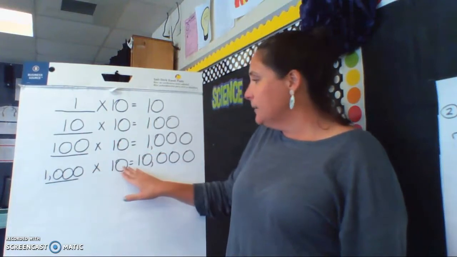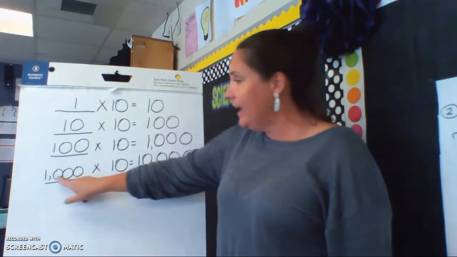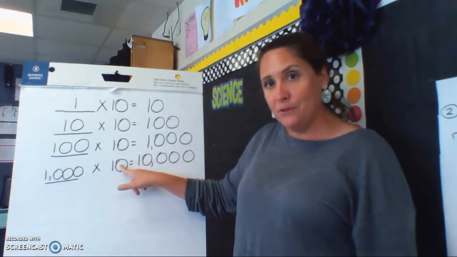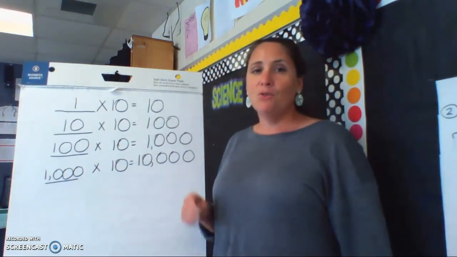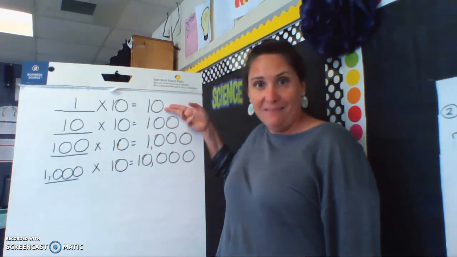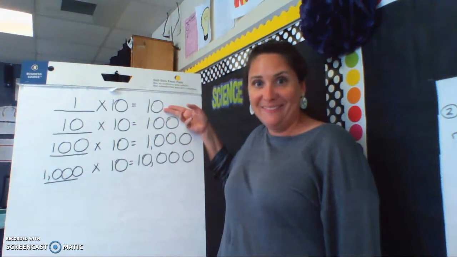And 1,000 times 10, I have 1, 2, 3, 4 zeros, and I have 1, 2, 3, 4 zeros. So I want you to ponder, how many times greater is 100 than 10? It is 10 times greater.